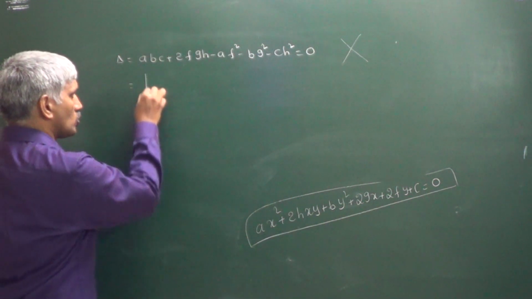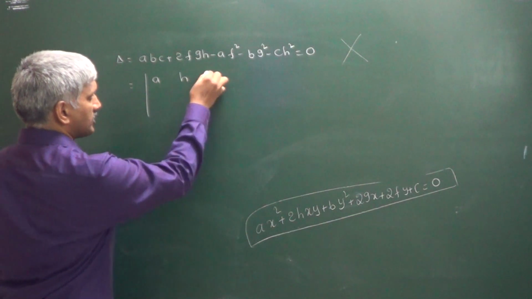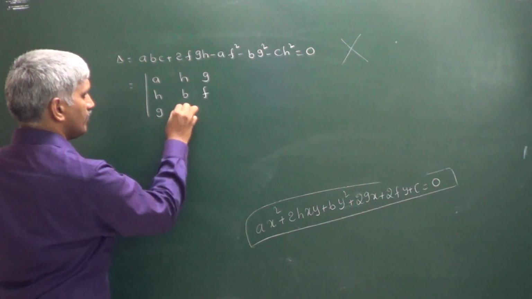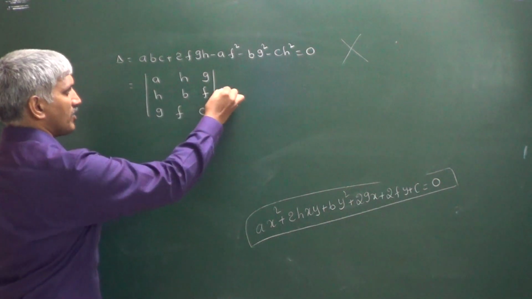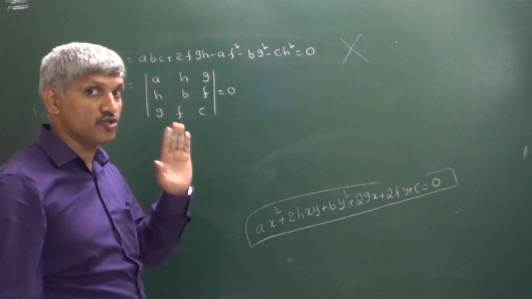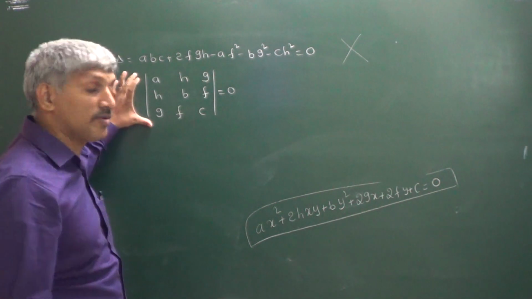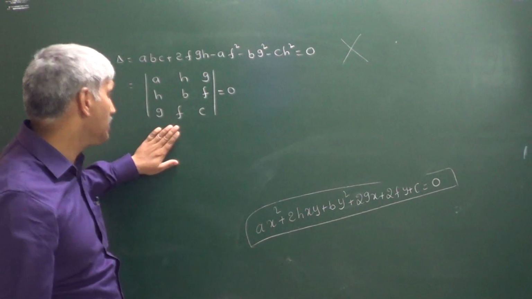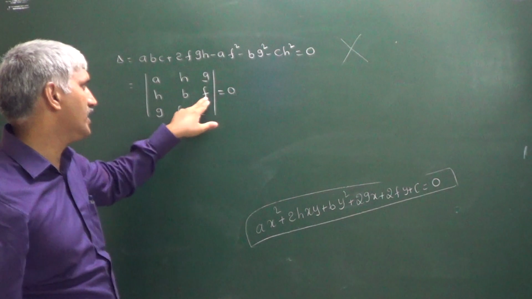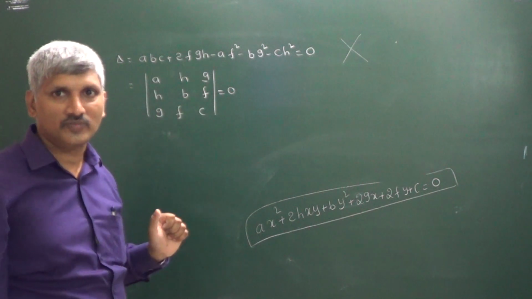The same we can also write it as the determinant with rows a h g, h b f, g f c is equals to 0. Just for the remembering purpose, don't take it as seriously, we can also write in this way: all hostel girls with their hostel boyfriends gone for cinema, right?